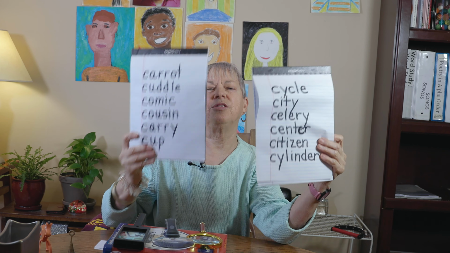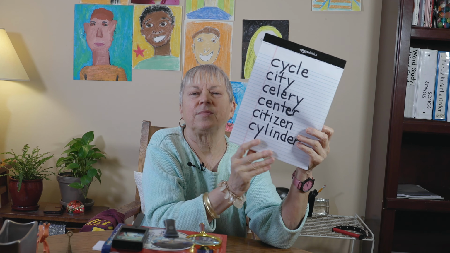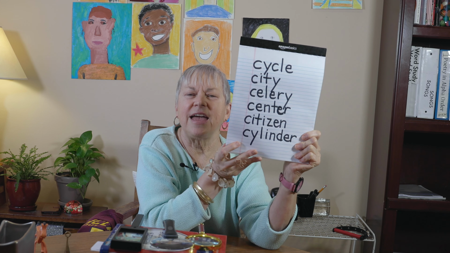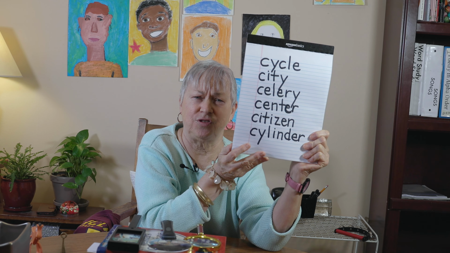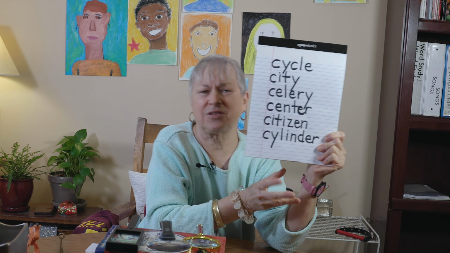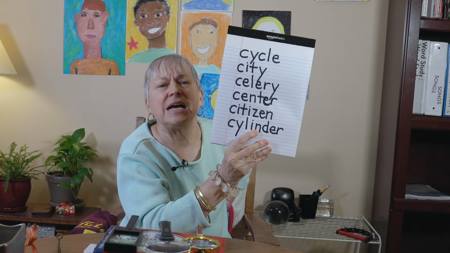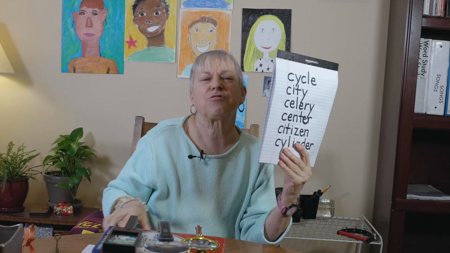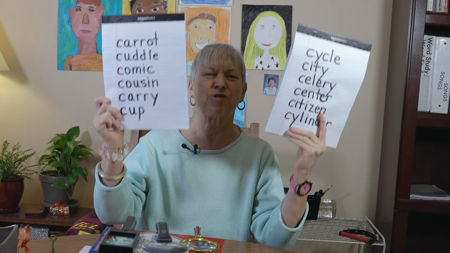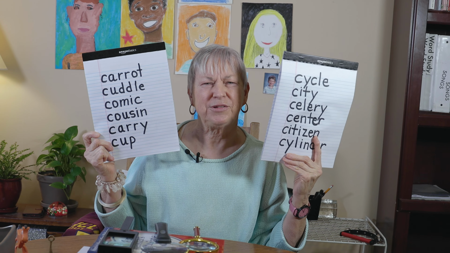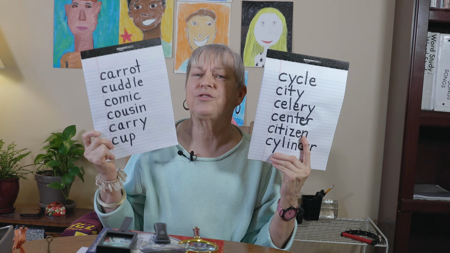And the words on this list are different. They have the vowels I, E, and Y after the C. And that's what makes those C's say S. Once you learn that trick, and once you start noticing those patterns, you won't have any trouble figuring out which sound to make.